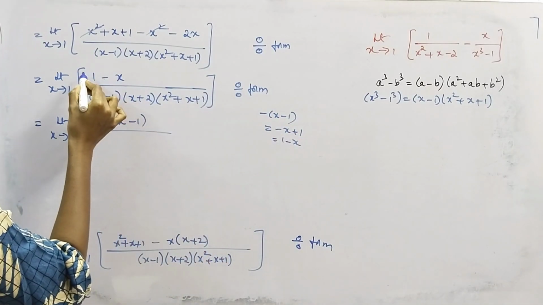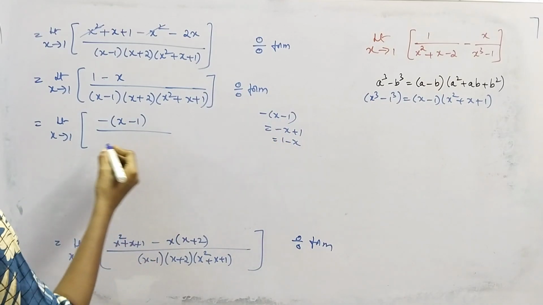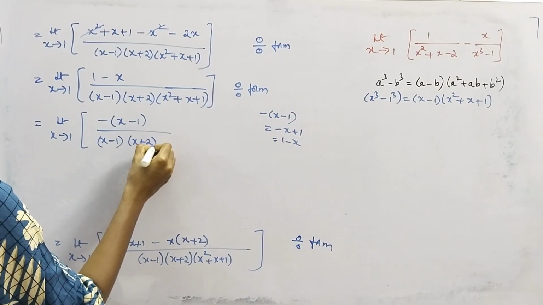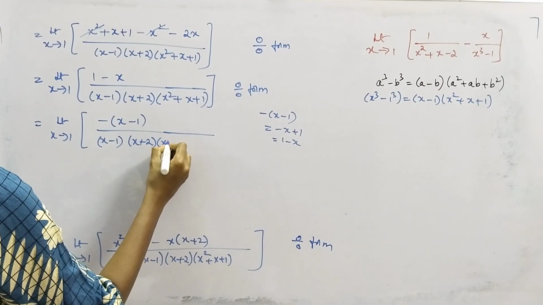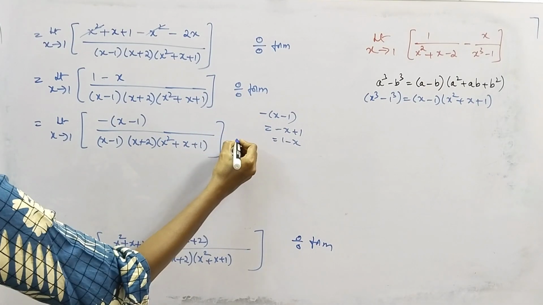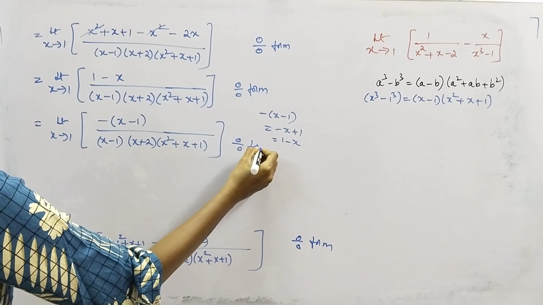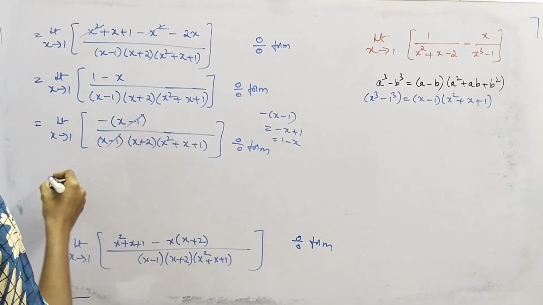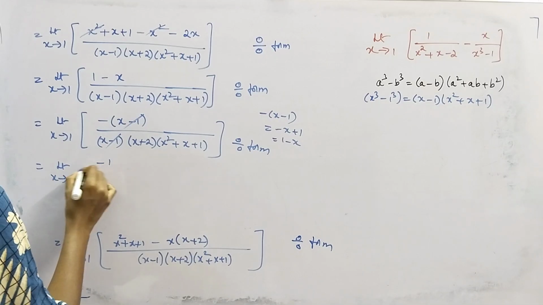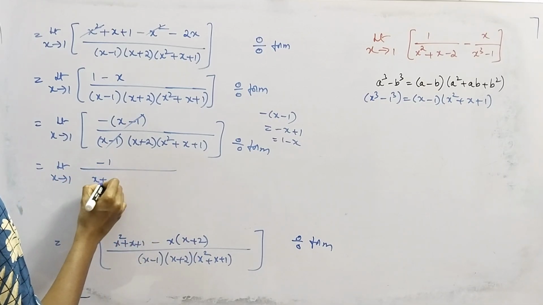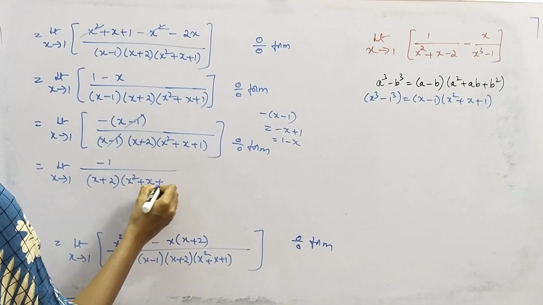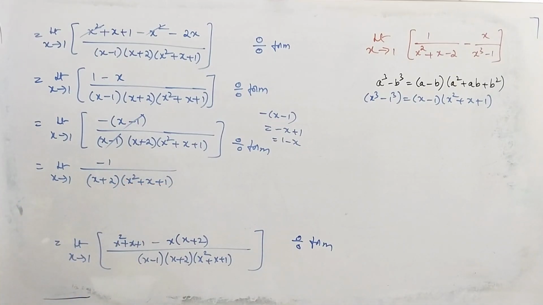You can write this 1 minus x as minus of (x minus 1). This is also in 0 by 0 form. We'll cancel the common factors. Then the reduced expression is minus 1 by (x plus 2) into (x square plus x plus 1), right?